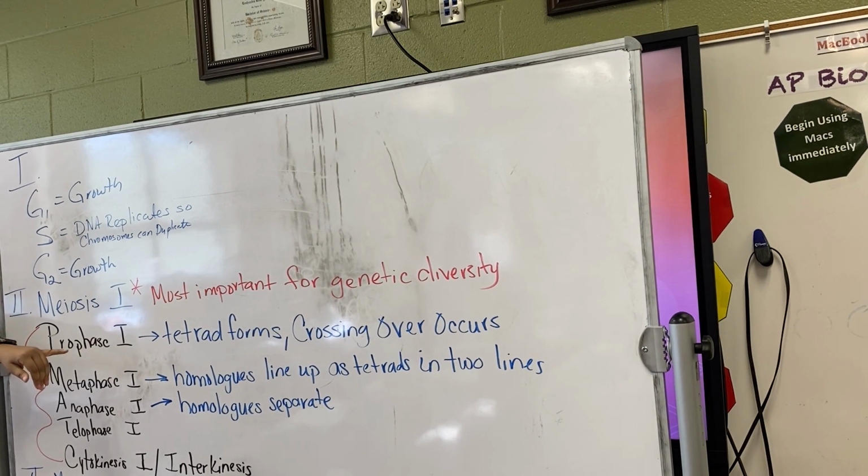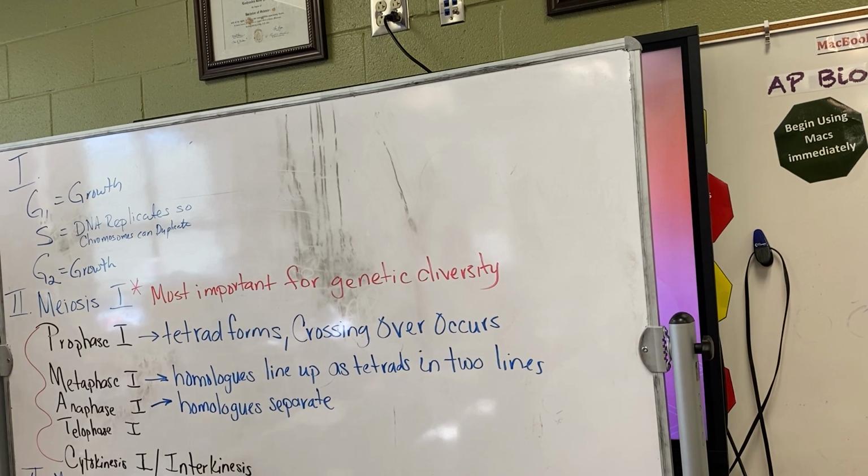Prophase 1, metaphase 1, anaphase 1, telophase 1. And then you have cytokinesis 1, which is sometimes called interkinesis because it's between the first and second divisions, okay? You may see it called interkinesis or you may see it called cytokinesis 1. They mean the same thing.